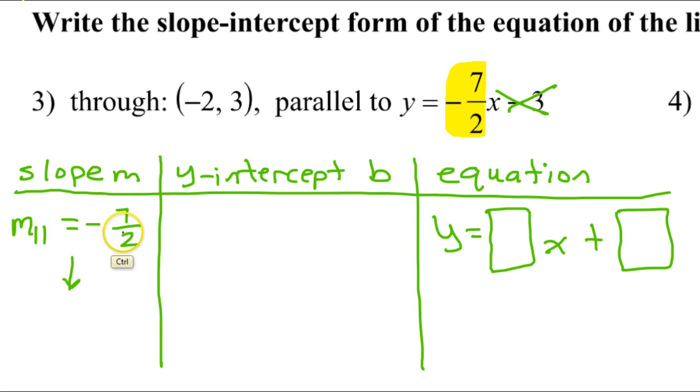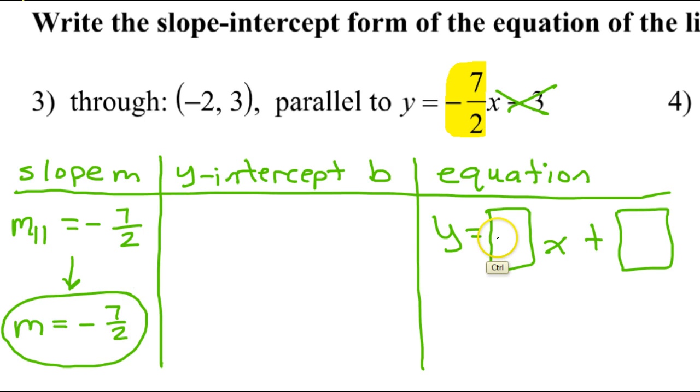So if a parallel line has a slope negative 7 over 2, then the slope of the line that we are interested in will also be negative 7 over 2. So I now know that my slope is going to be negative 7 over 2. And I can go ahead and put that in the box.